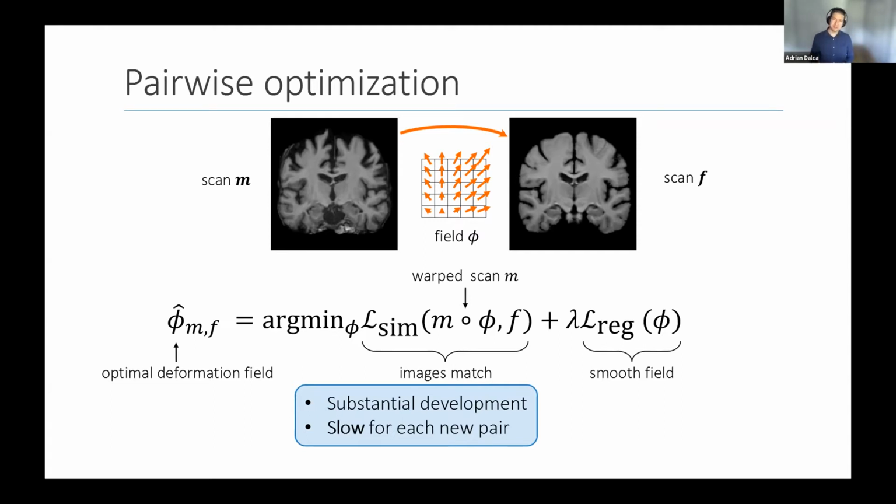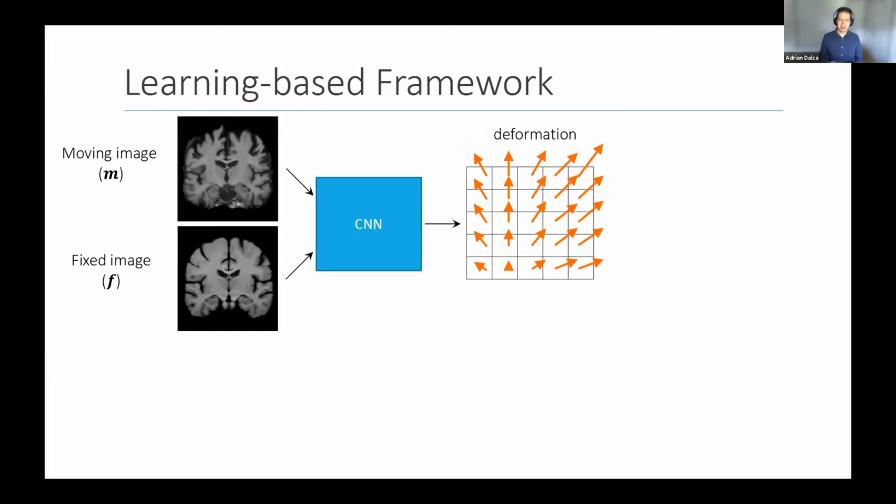And so I want to say about 4 years ago, these learning-based frameworks came about. And they kind of came at it from a completely different angle. They kind of threw away all of that prior work and they said, no, we're going to treat this as a black box. We're going to assume we have some black box that we can exploit, like a convolutional neural network. And we're just going to get two images and we want to get out the deformation field, right?